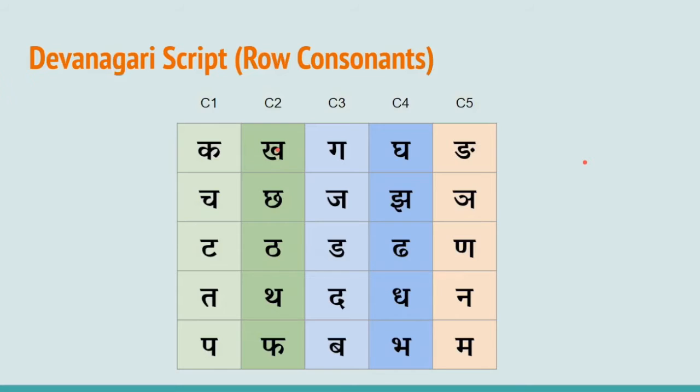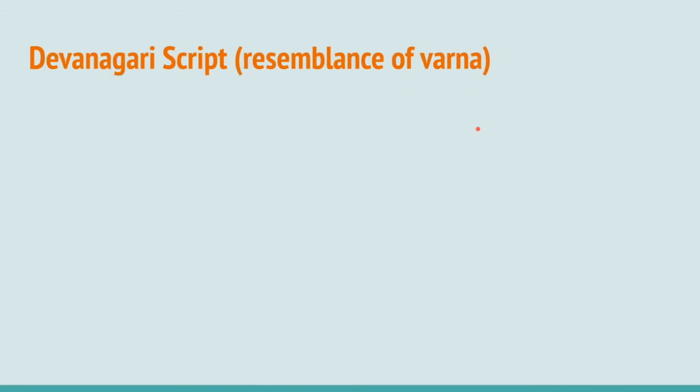And the last column, C5, are called the nasal consonants. In the ucharanam of these letters, some amount of air comes out of the nose as well. So that's why it is called nasal consonants. Okay, with this understanding, let us move forward.